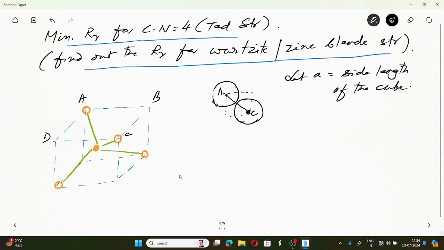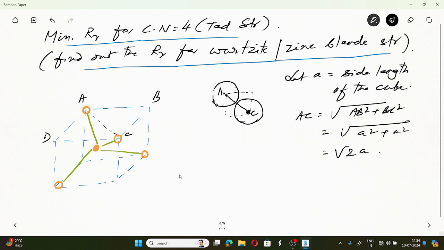So we can say that this diagonal AC equals square root of what? AB square plus BC square, অর্থাৎ A square plus A square. So this is AC equals root 2A, right?